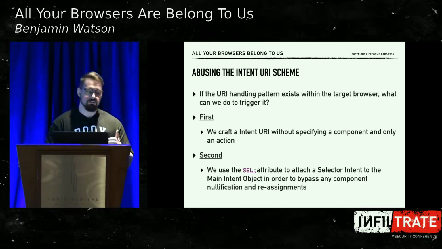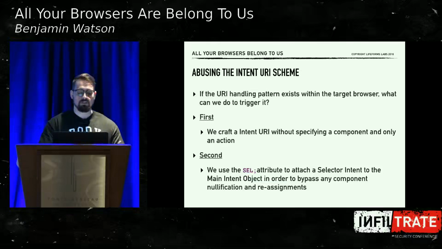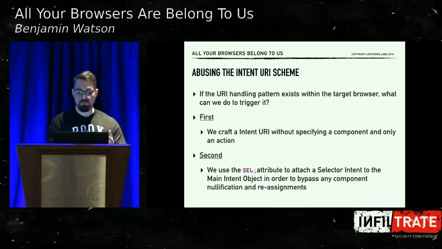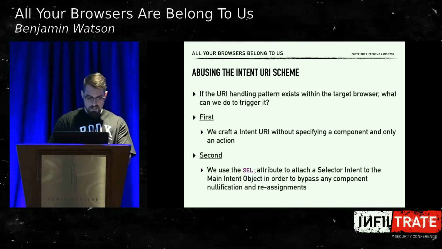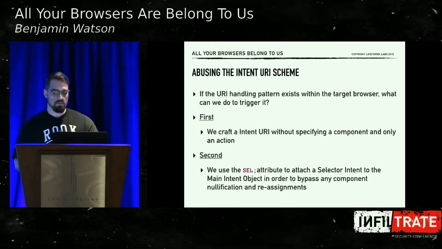The second thing we do is use this new attribute called a selector and attach that inside of the URI. Literally what that says is, if I have a selector intent and a main intent, then the selector intent and the component assigned to it is what is used for component resolution, or what I need to resolve the activity on the other end of the operation. So what that essentially does is bypass any type of component nullification, or assigning the component to null, or reassignments.